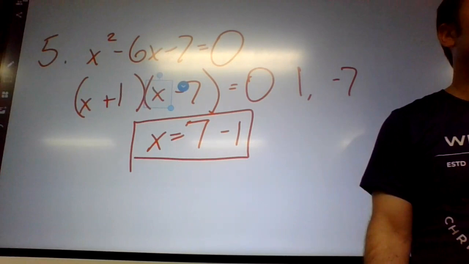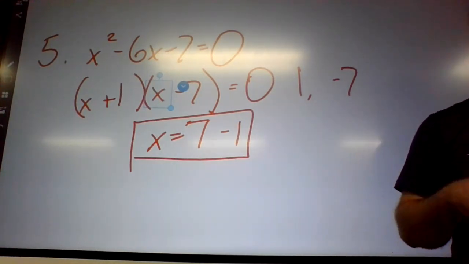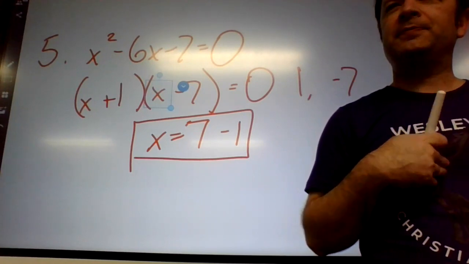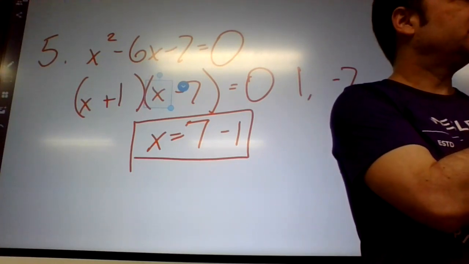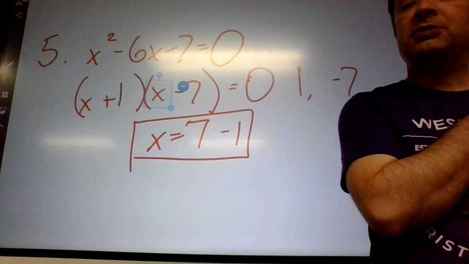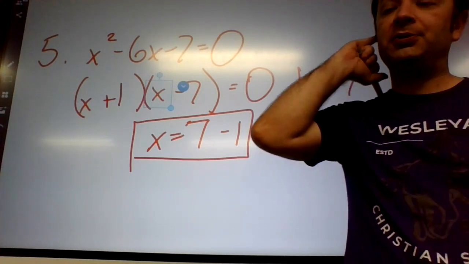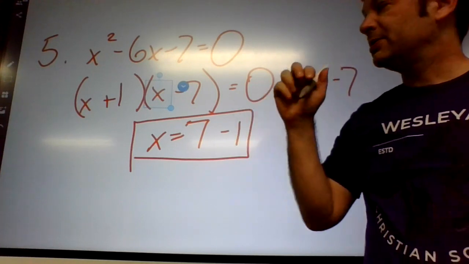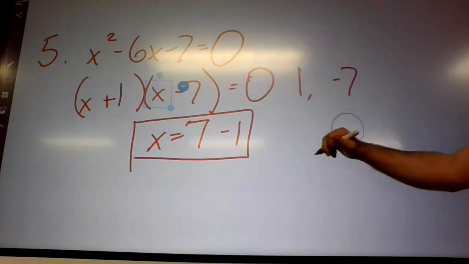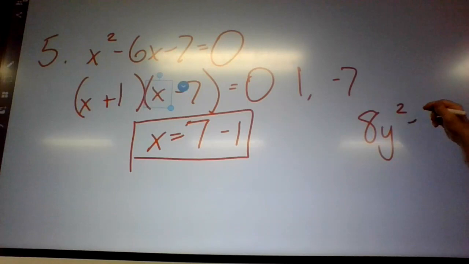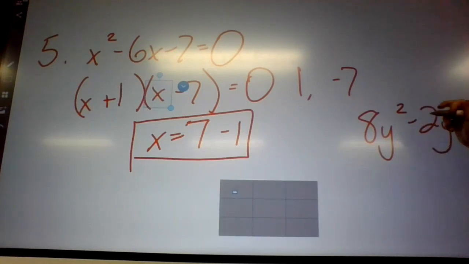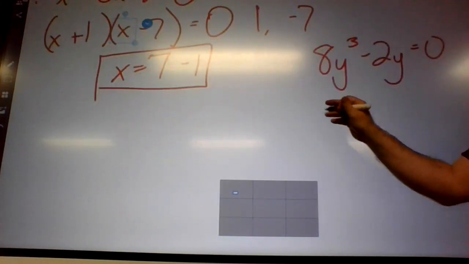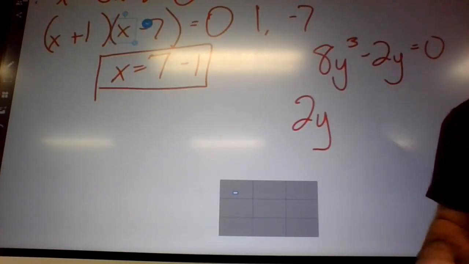Mr. Jordan, doesn't number 6 look kind of weird? Okay, so how did we do number 6? Anybody remember that one? Take stuff out. So what goes into 8y squared and 2y? 2y. So remember you put 2y in front. So 2y comes out.